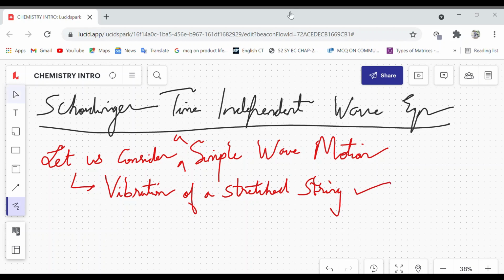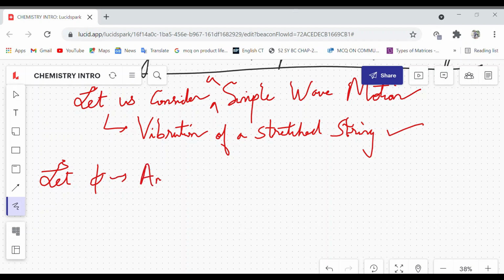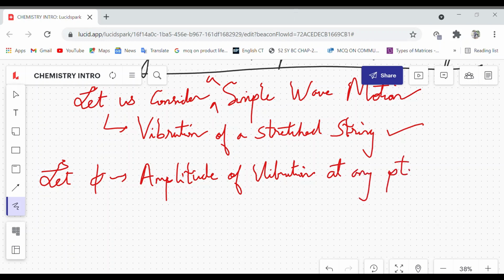Then let phi be the amplitude of vibration at any point whose coordinate is x, and time is t.